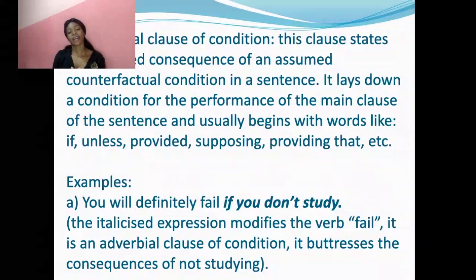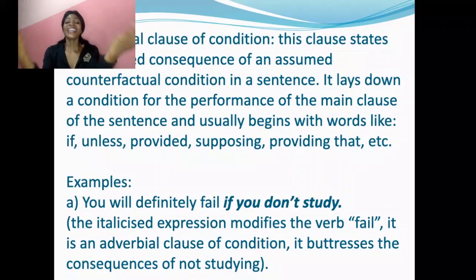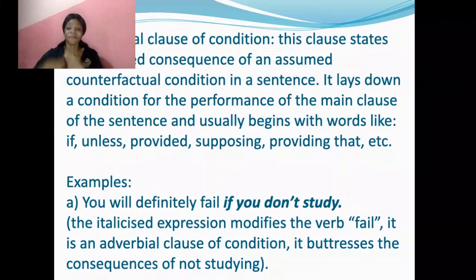Now, let's look at the sixth adverbial clause we have for today, which is the adverbial clause of condition. The adverbial clause of condition lays down a condition. It shows consequences for an action.